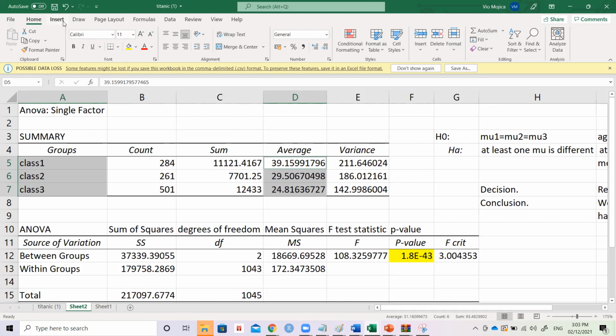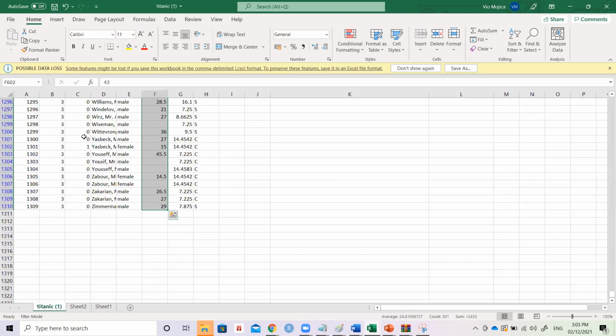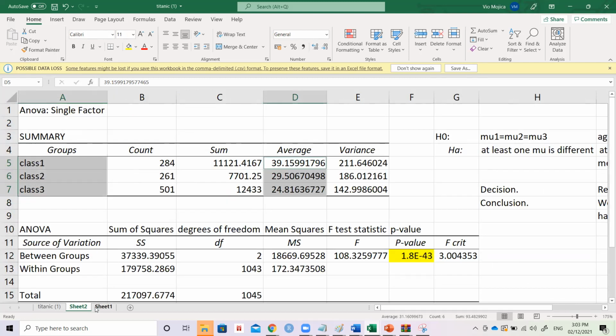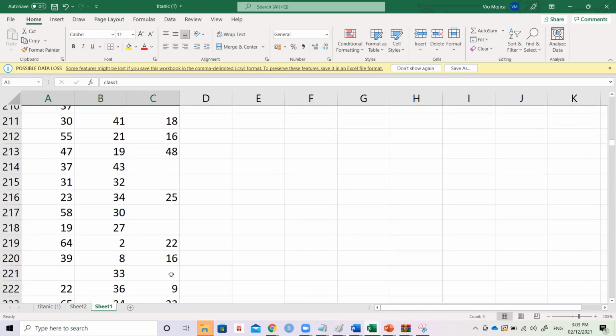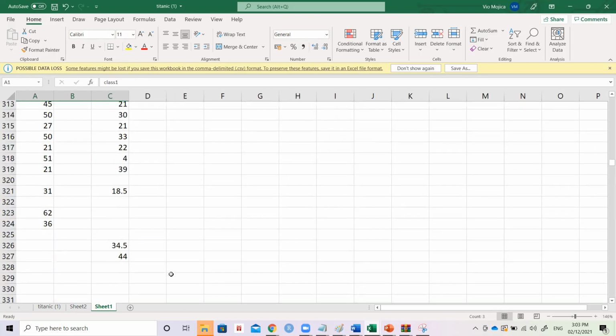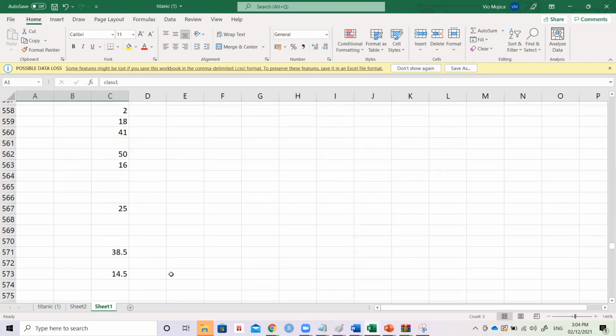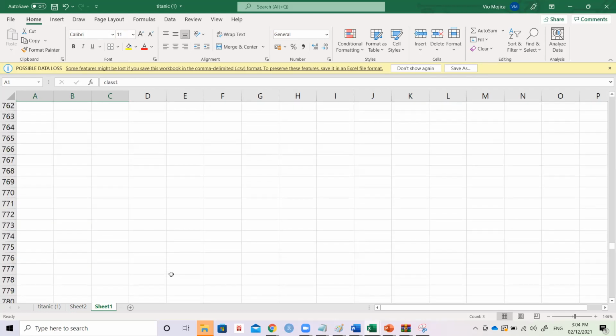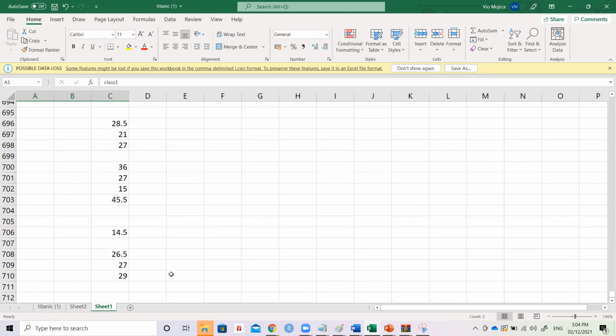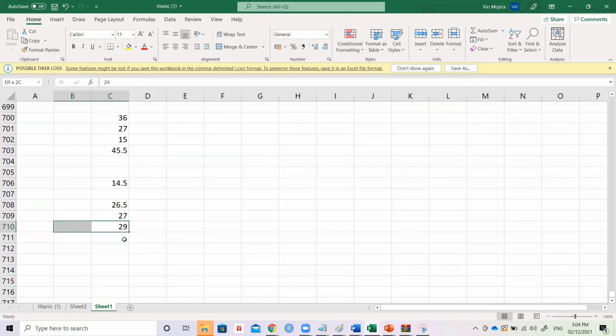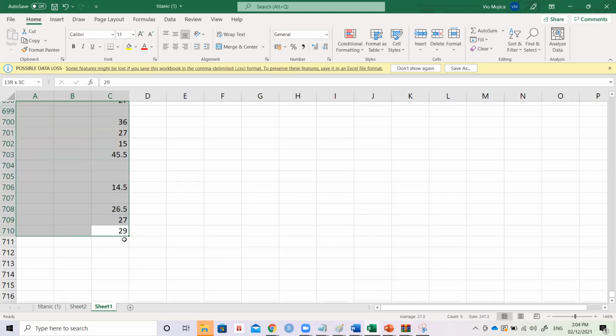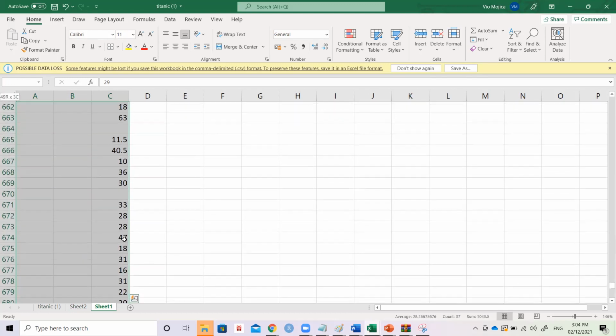What possible way can we visualize this? Don't we have what we call box plots? We used box plots back then, so we can use box plots again. There are so many passenger class 3 here. Let's just select all columns.